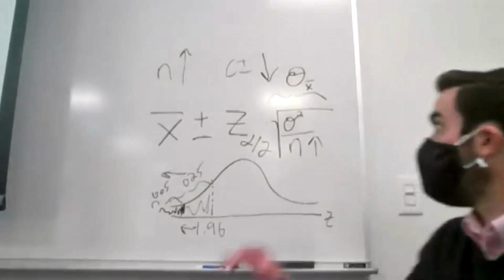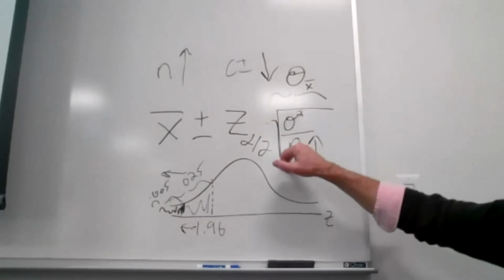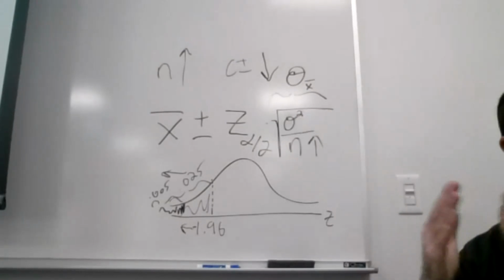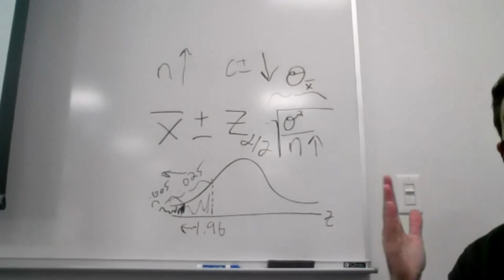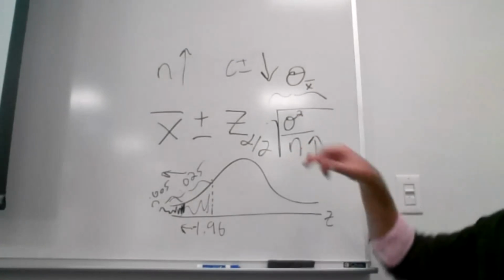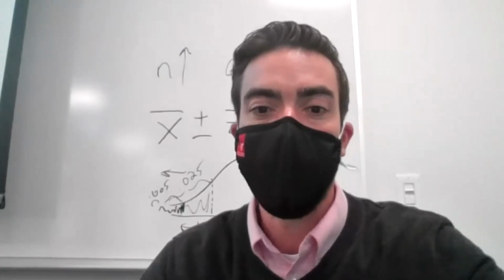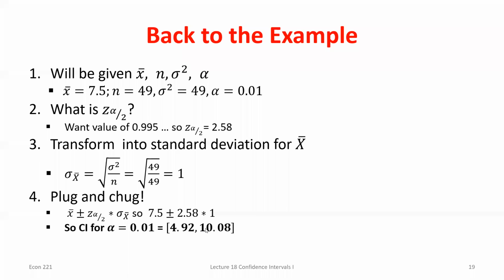Because if we take a higher sample size, that decreased this, it meant we were adding and subtracting a smaller amount from that sample mean, narrowing our confidence interval, right? So we actually want to increase our sample size because it's the denominator. Yep. So we increase our sample size, we could narrow this range down a bit.